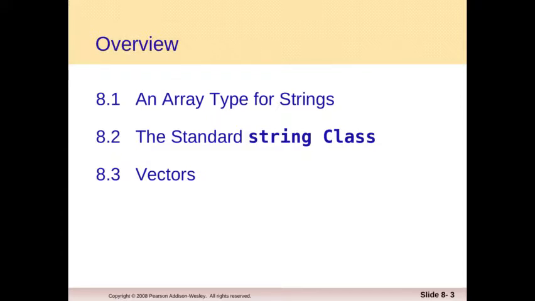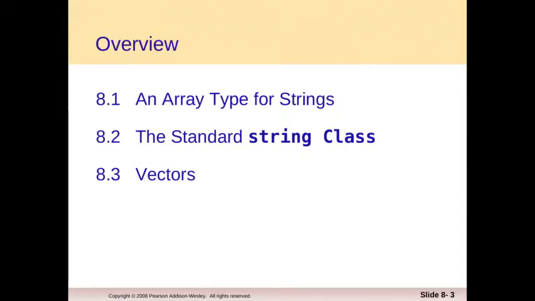I don't normally recommend using them because the string class, the second topic of this chapter, is much more convenient and will prevent you from making a lot of mistakes. But as I said, there are some library functions that just require a C string to be passed, and so you're going to have to work with them sometimes.